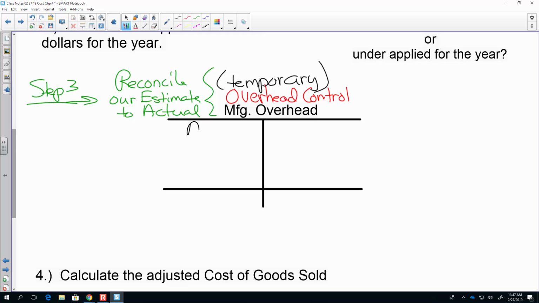So, throughout the year, I'm getting those utility bills. I'm debiting the manufacturing overhead, crediting utilities payable or accounts payable, to the tune of 613,320. Now, throughout the year, I'm applying overhead on the right side.